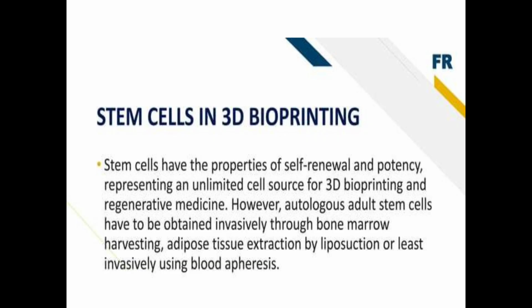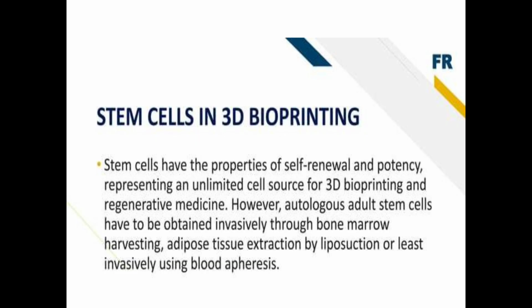Similar such cells are available. In the case of embryonic stem cells, we isolate the cell from the fetus and develop it into various forms. So stem cells have the property of self-renewal and potency. They represent an unlimited source for 3D bioprinting and regenerative medicine.